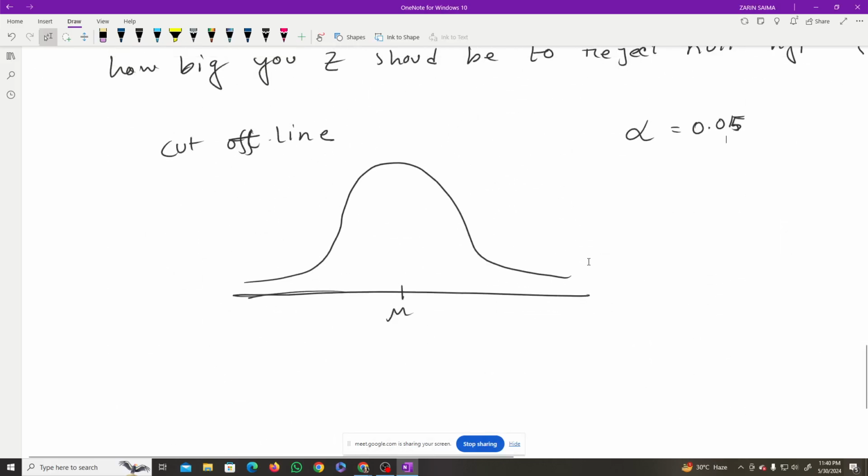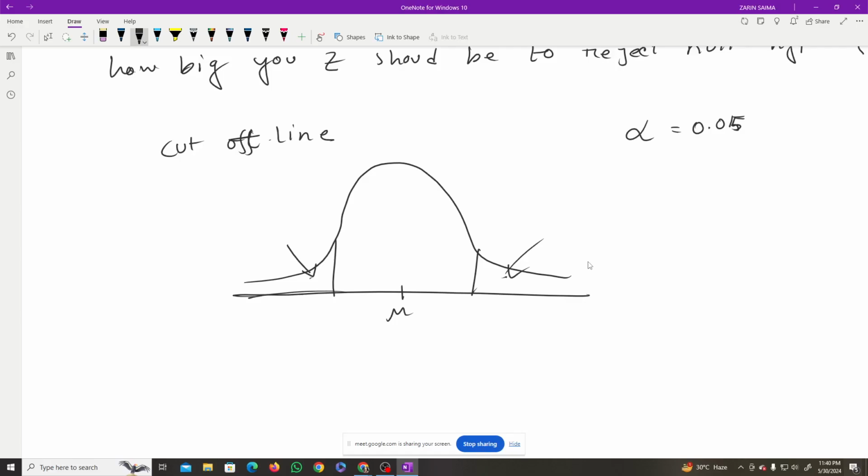Just before that, bear with me, this is a two-tailed test. Simply, what does a two-tailed test mean? We will have two parts of the rejection area, but in a one-tailed test you will have only one tail as your rejection area, either this side or this side.